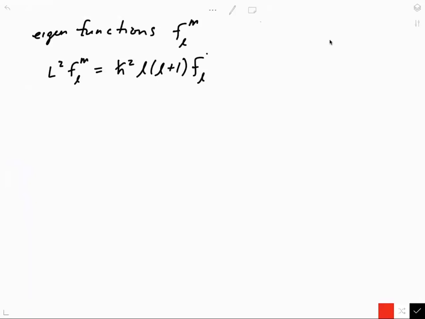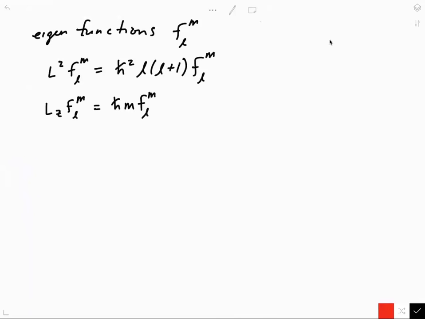So the angular momentum squared is only really depending on L for the eigenvalues. Meanwhile, the operator that has to do with just one component of our angular momentum, L_z, acting on an eigenfunction that depends on L and m, is going to return an eigenvalue h bar times m, acting on that eigenfunction.